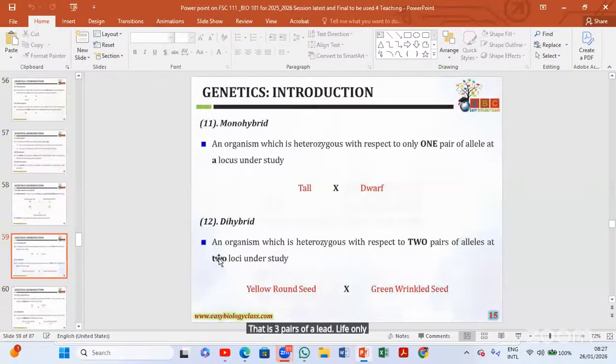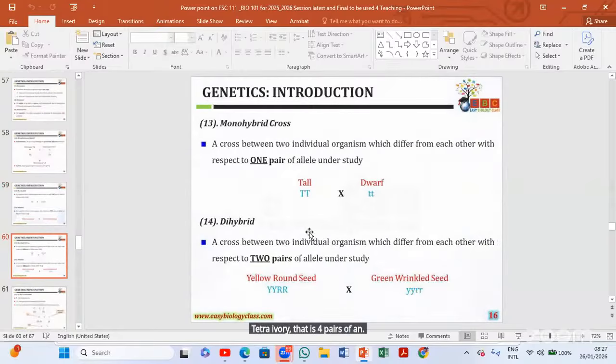You can equally have tetrahybrid. That is four pairs of allele, and so on and so forth. So when you cross one pair of allele between two individual organisms, then you have monohybrid cross. Then when you cross two pairs of allele, we have dihybrid cross.